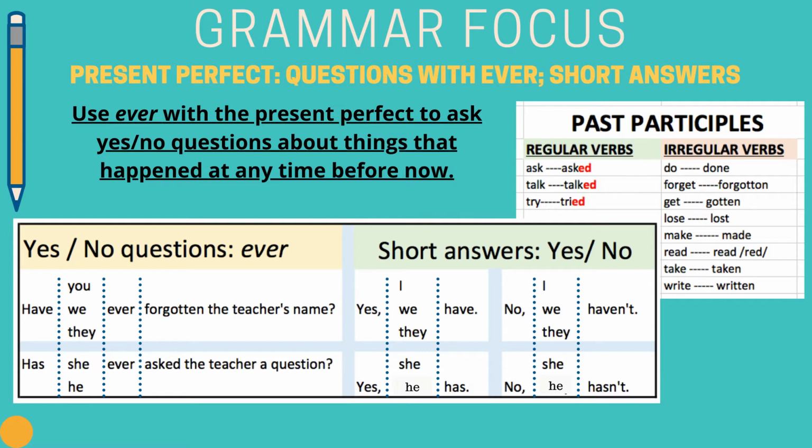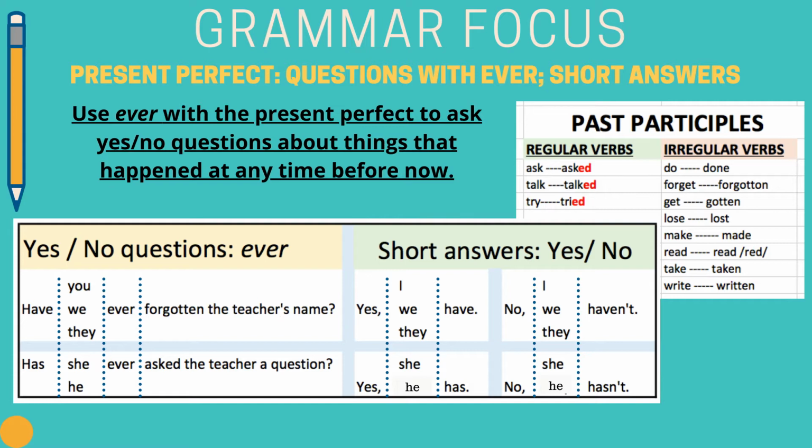past participle verbs. So, just like in regular past tense, we have regular verbs that end in ed, and then we have irregular verbs that do all sorts of crazy things. So the regular verbs that we're going to use today are ask, which we add ed and becomes asked.